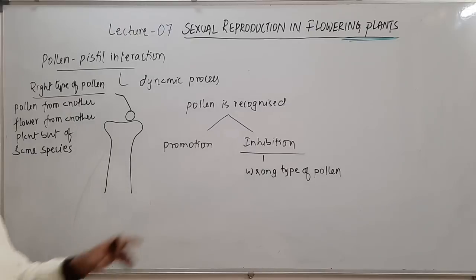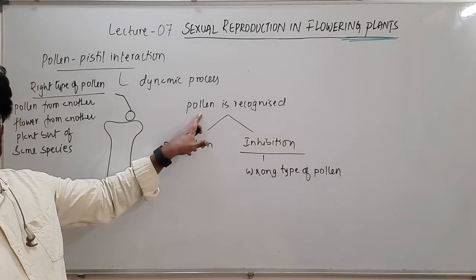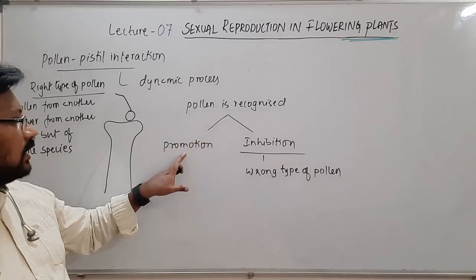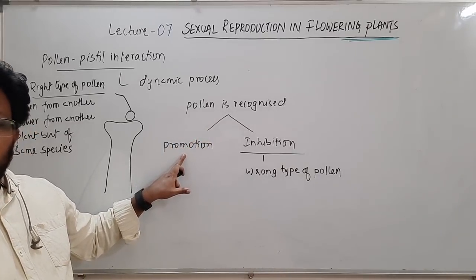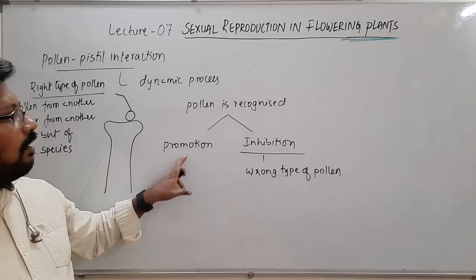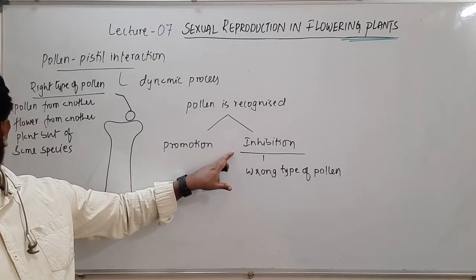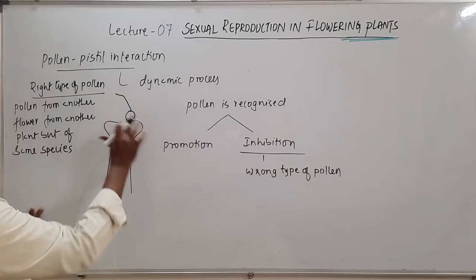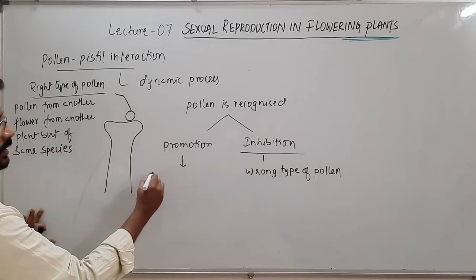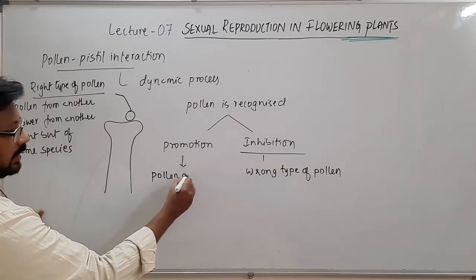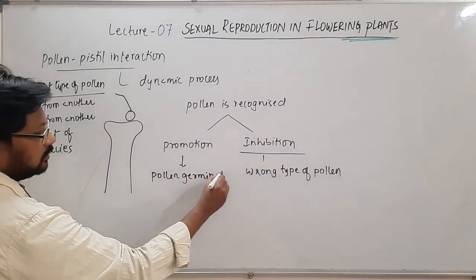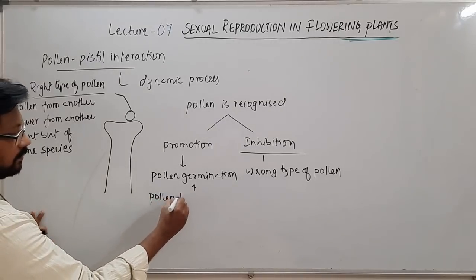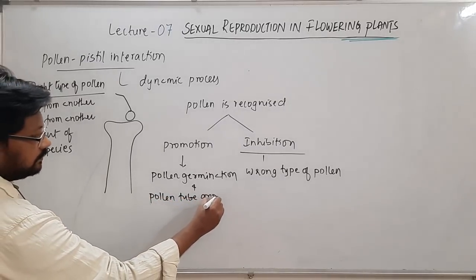So that's what I said. After the pollen is recognized, there are two things that can happen. It may promote the growth of the pollen grain, or it may stop that growth. In the case of promotion, it leads to pollen germination and pollen tube growth.